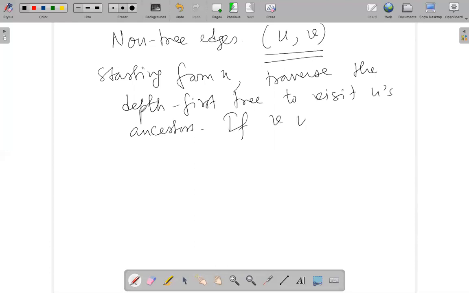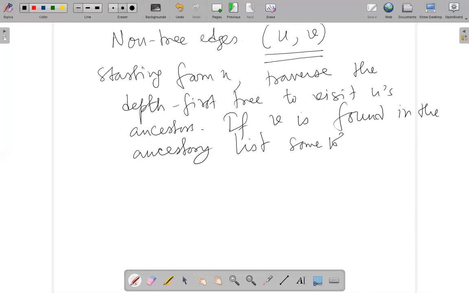If V is found in the ancestry list somewhere, then UV is a back edge.